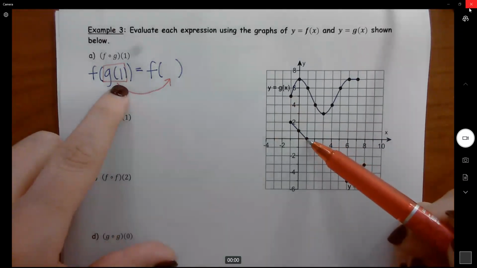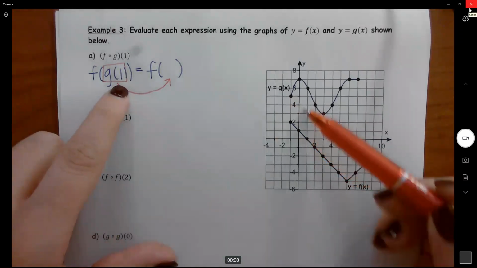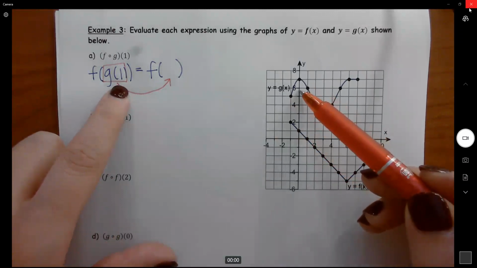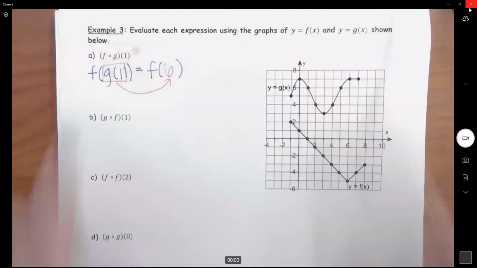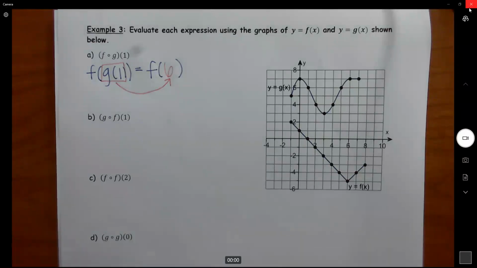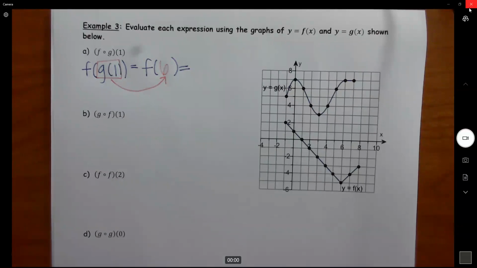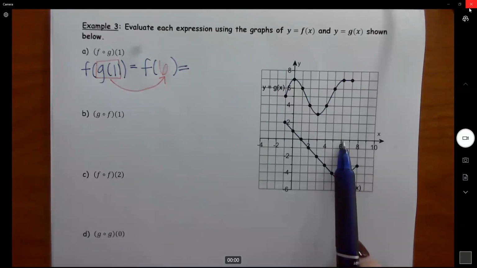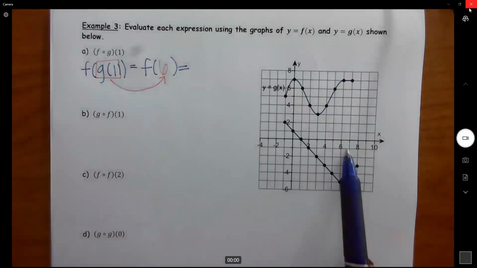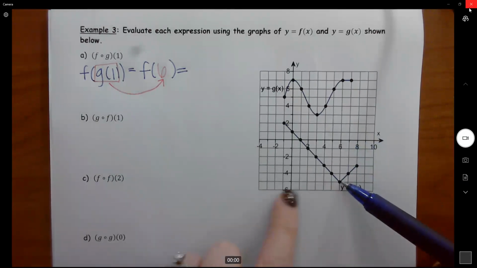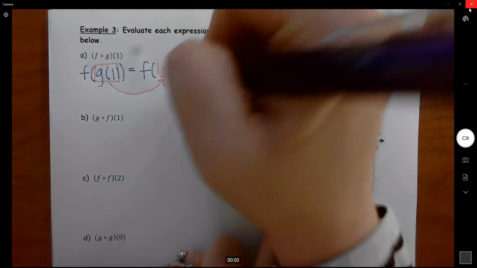So when x is 1, we'll come back up here and meet my g of x. My y is 6. And now f of 6, we'll go over here to 6. My g of x is above, so I'm not going to go above. I want to go down here below where my f of x is. And what does my y equal with that? -5.